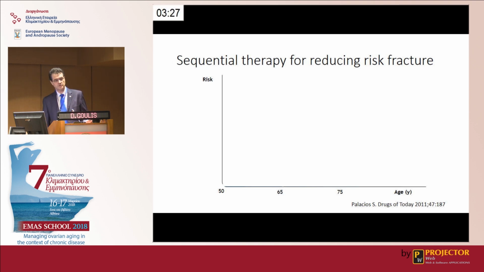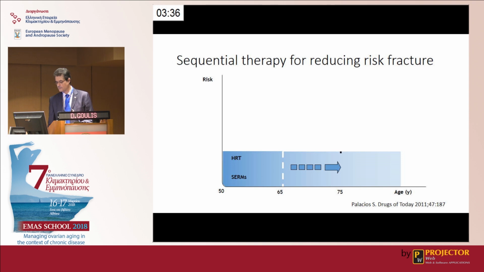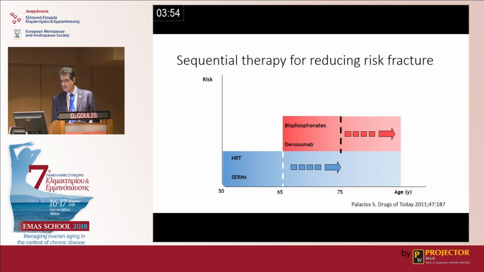So in order to put this in a rule of thumb slide, I would say something like this. There will be many exceptions. This is proposed by Palacios: in the perimenopausal or early menopausal years, so let's say the 50s, it's time for HRT, or if we have the indication and contraindication we discussed, there may be a time for SERM.